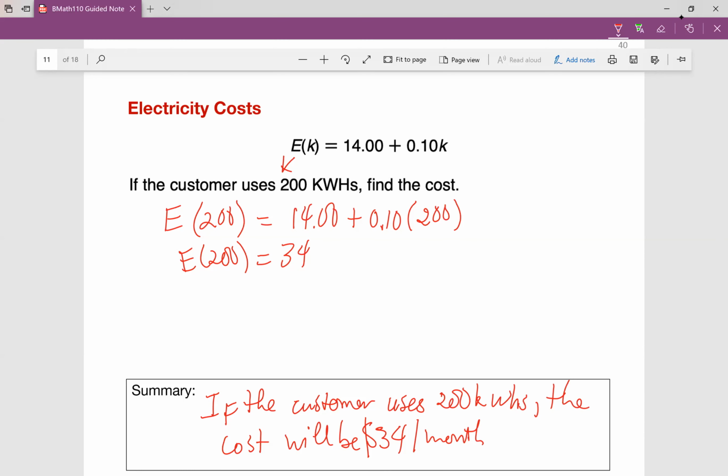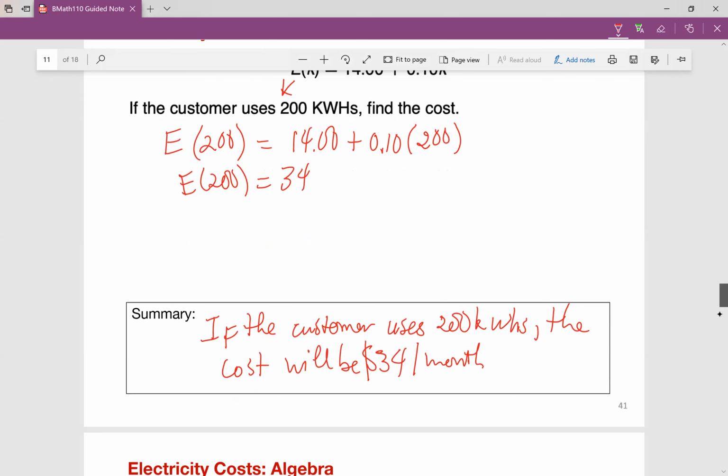Right? Now we're done with this page. Let's move down.